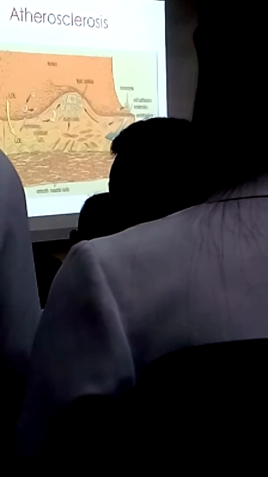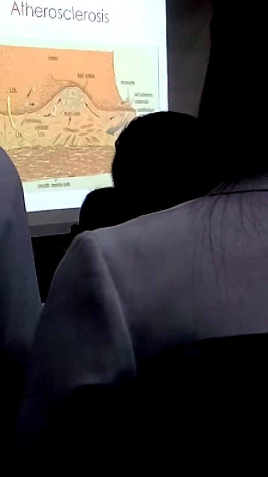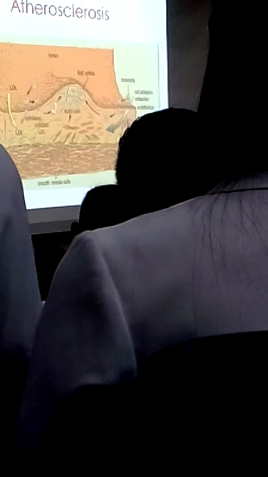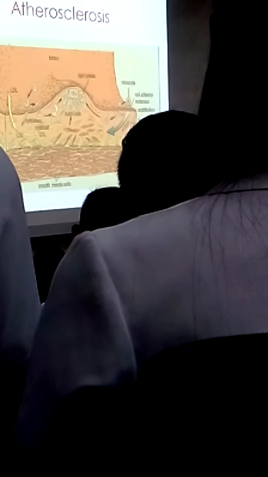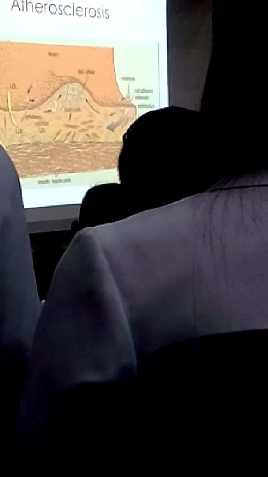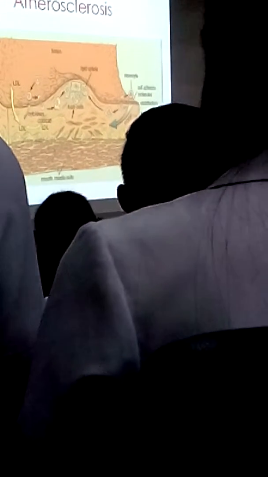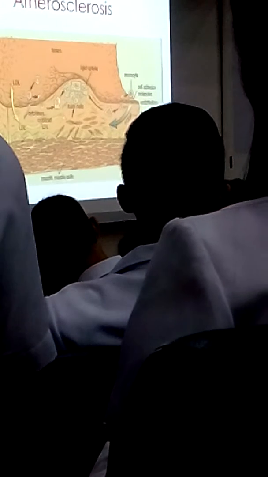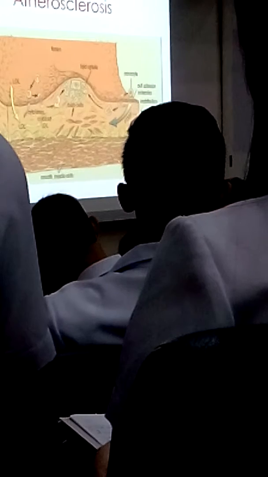They differentiate into macrophages and then phagocytize the oxidized LDL, forming what cells? Foam cells, very good. So foam cells plus your recruitment of your T lymphocytes would form your fatty streak, which is the initial atherosclerotic lesion.